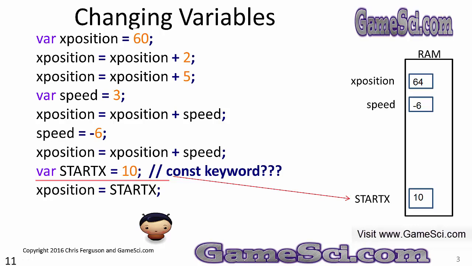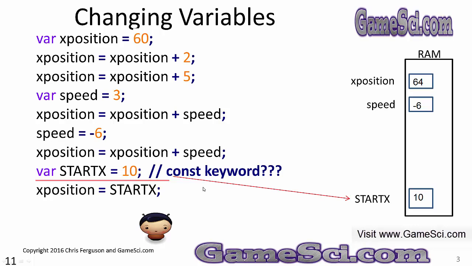What I'm trying to get to is this idea: I'm going to declare a var START_X equals 10, and I never want 10 to change. I want 10 to be the same for the entire execution of this program. Other languages have this keyword const, and JavaScript is talking about adding it. C, C++, and C# have this const keyword. Java uses the keyword final.